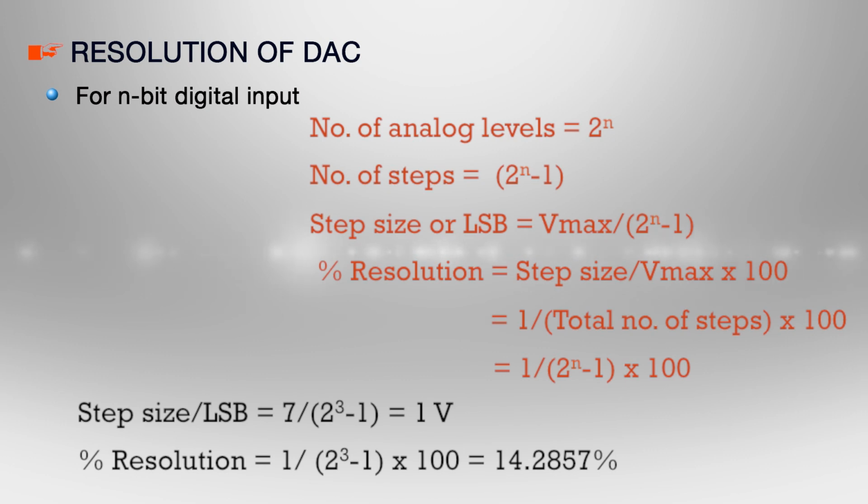So, for a 3-bit DAC, percentage resolution is equal to 1 by 7, which comes to 14.2857%. As number of bits increases, resolution value decreases.